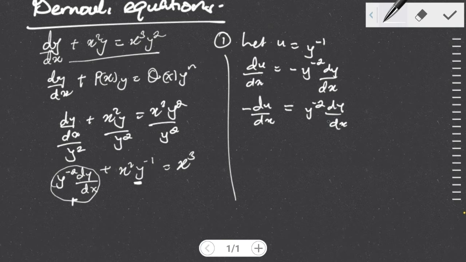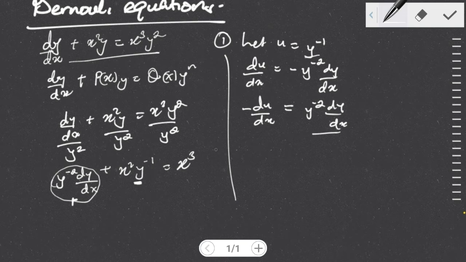Now having obtained this, I relate it with the equation where I did my division, and insert it in terms of u.